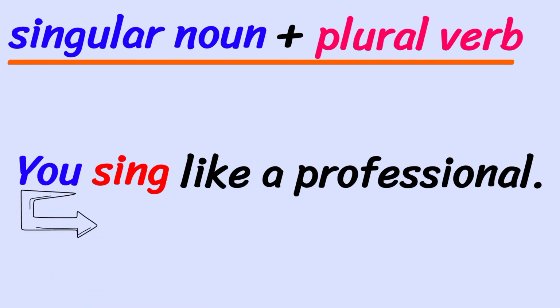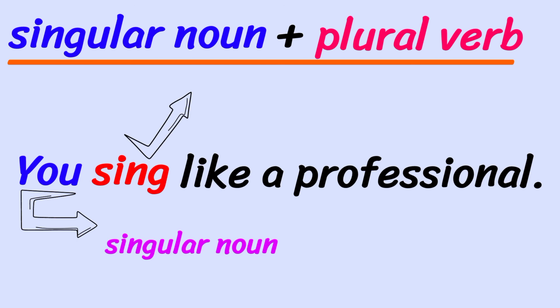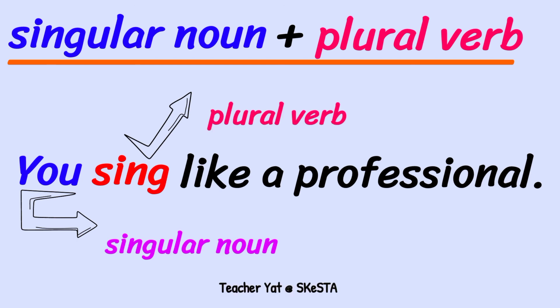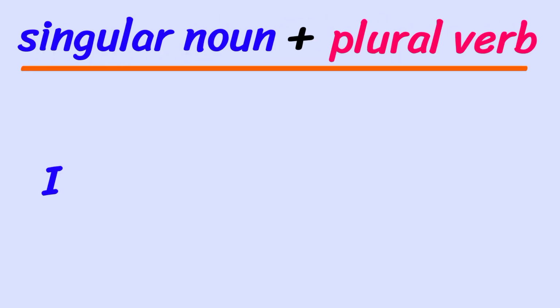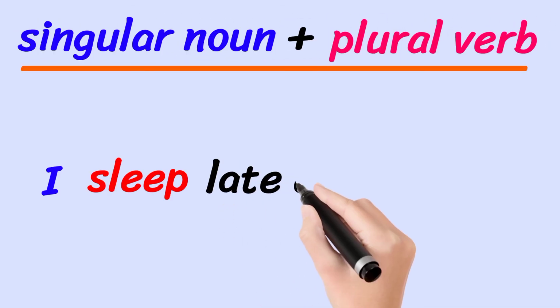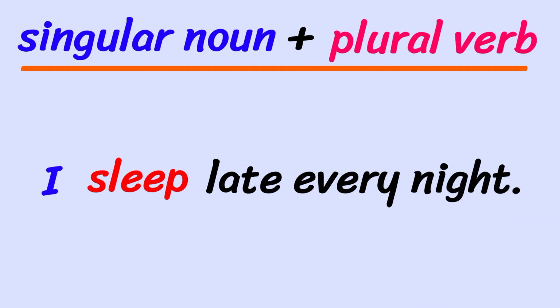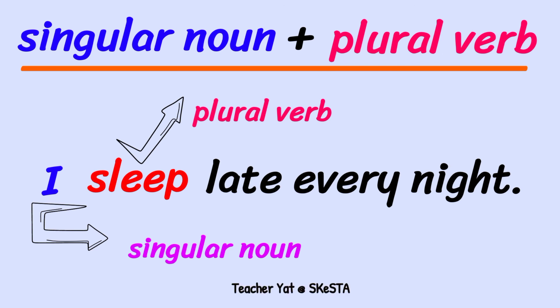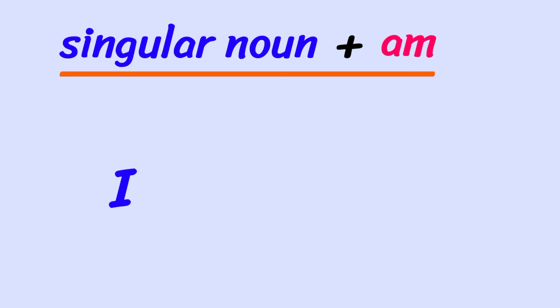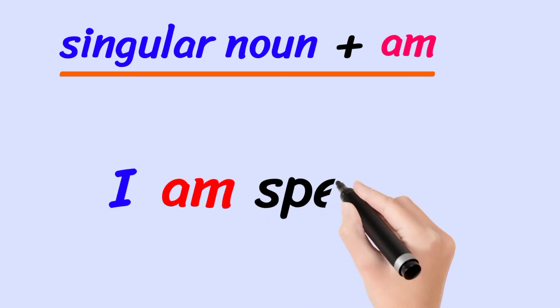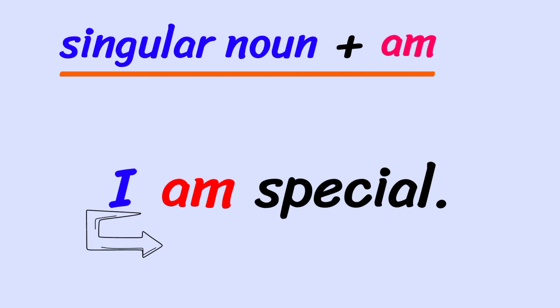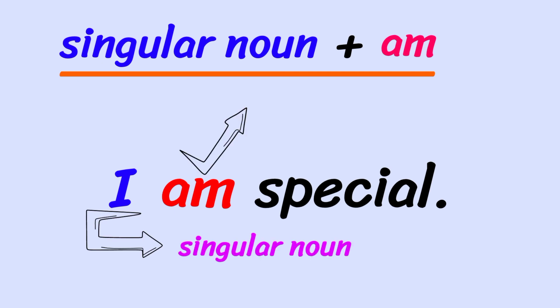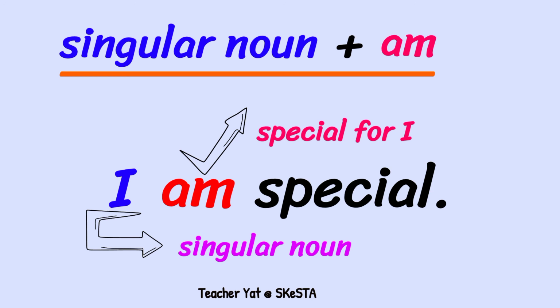You is a singular noun and sing is a plural verb. Second, I sleep late every night. I is a singular noun and sleep is a plural verb. Third, I am special. I is a singular noun and am is a special word for I.